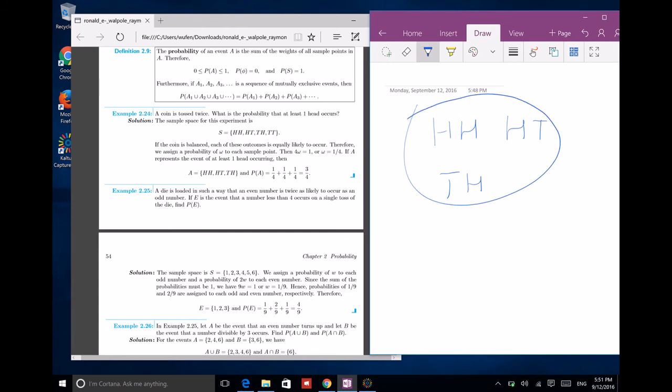The last one, tail, tail, has no head. So the probability is going to be 3 out of 4, because all the possibilities in the sample space are head-head, head-tail, tail-head, tail-tail, and 3 of them have at least one head. So the probability is 3 over 4.